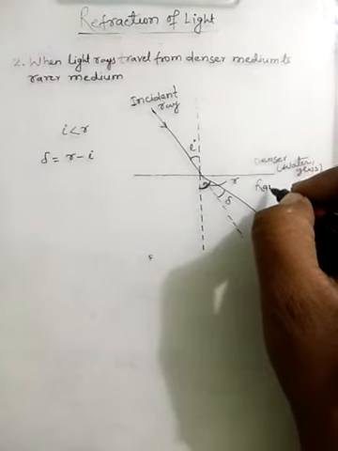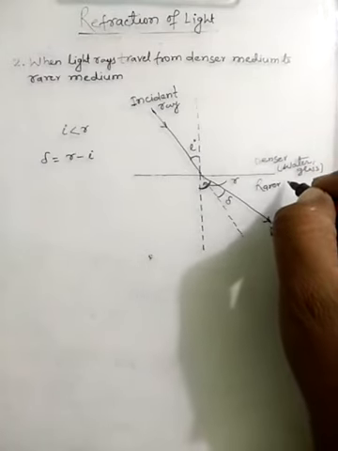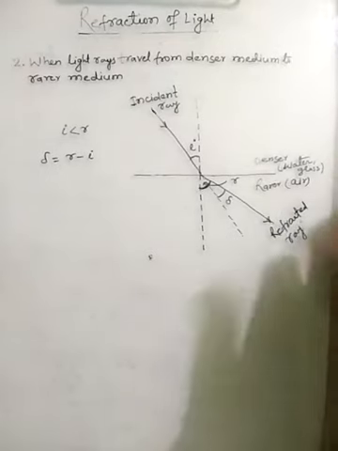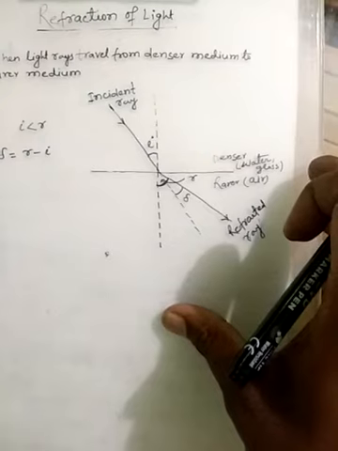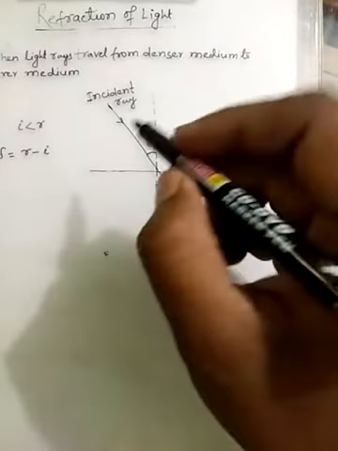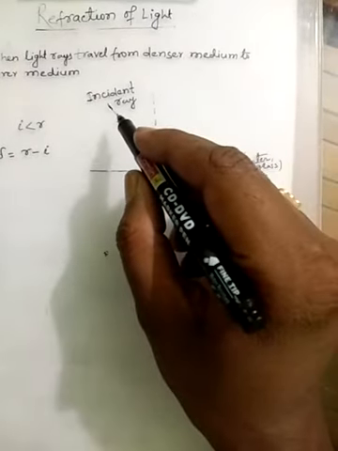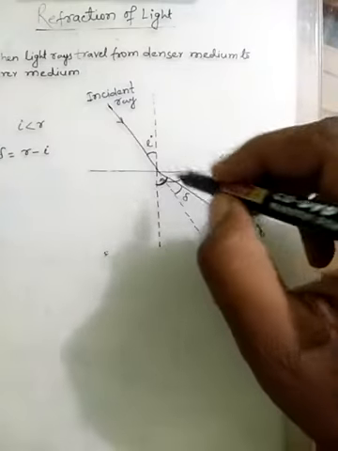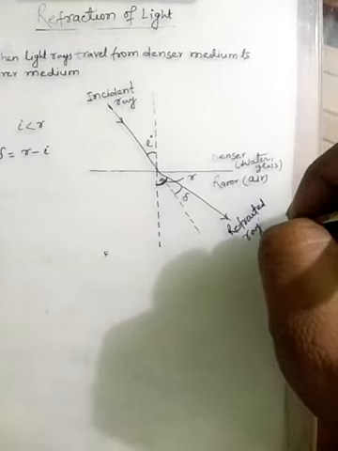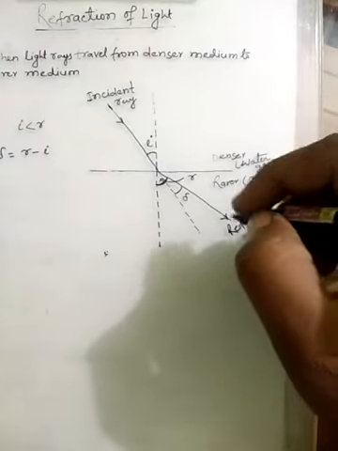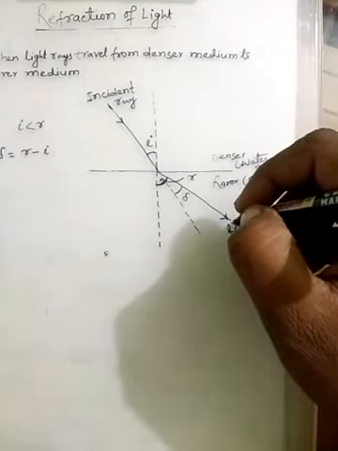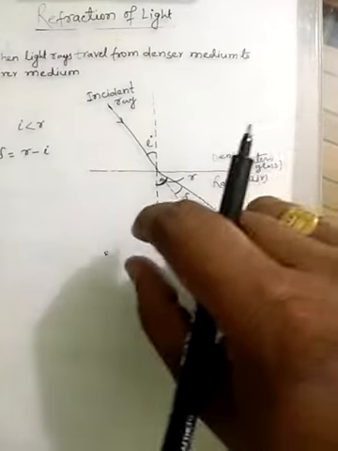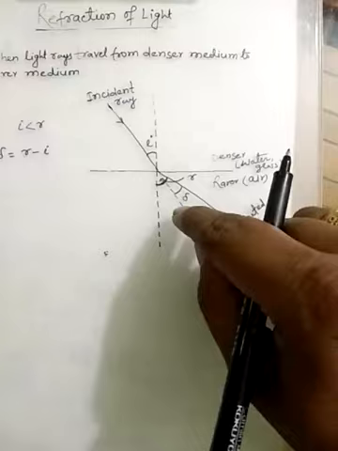This is the rarer medium, and it is assumed that this is air. Then if a ray of light travels from a rarer medium to a denser medium, the ray of light is bent away from the normal.